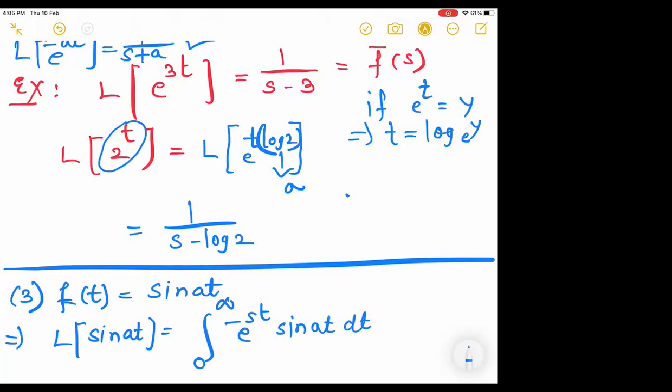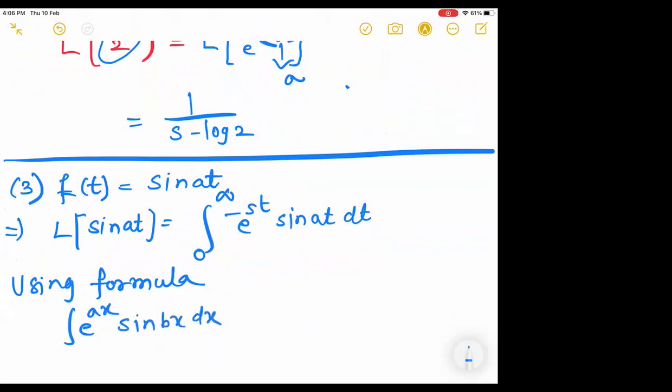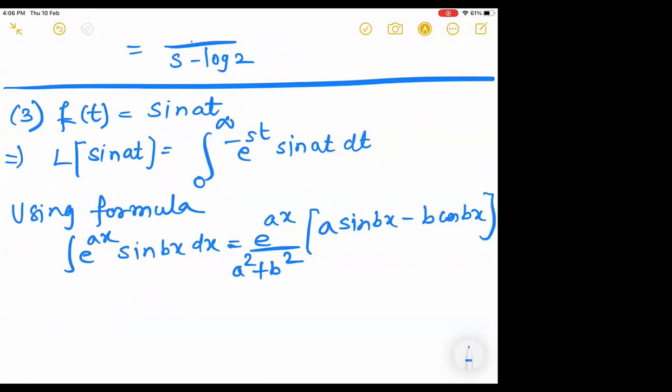Here we are using the formula for an exponential function multiplied by a trigonometric function in the integration. Using the formula, the integral of e raised to ax sine of bx dx is e raised to ax upon a square plus b square into a sine of bx minus b cos of bx. This is a standard integration result.